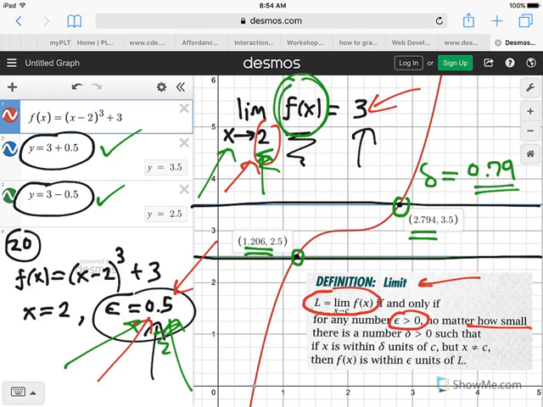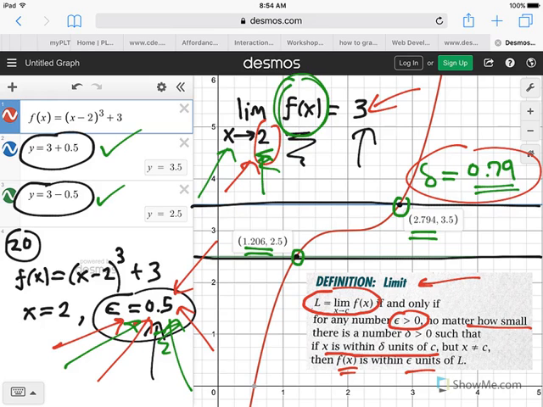In other words, I could make the epsilon value from number 20 yesterday like 0.25 or 0.2 or 0.15 or even something really small like a millionth or a billionth or a trillionth. No matter how small, I will always be able to find a delta value such that when x is within delta units of c, but not equal to c, I will be sure that the output values from the function will be within whatever epsilon is of the limit, no matter how small.